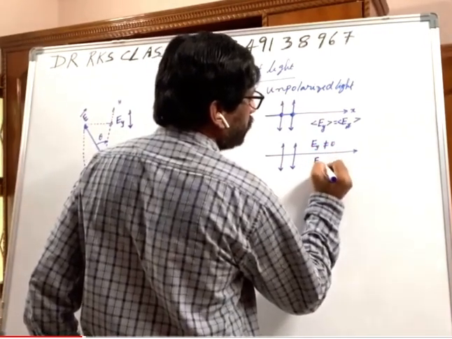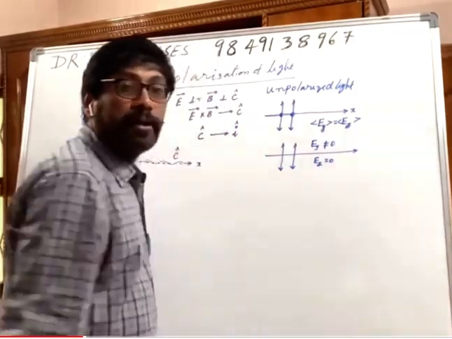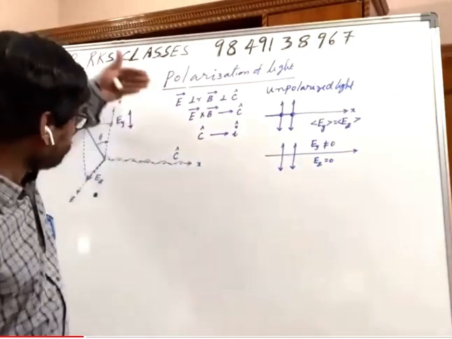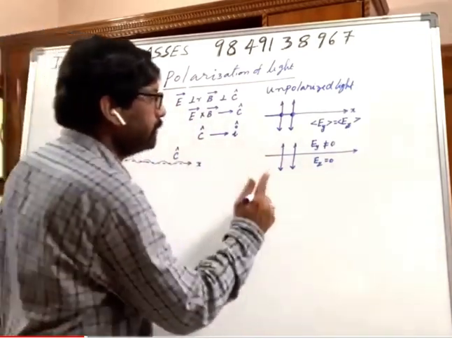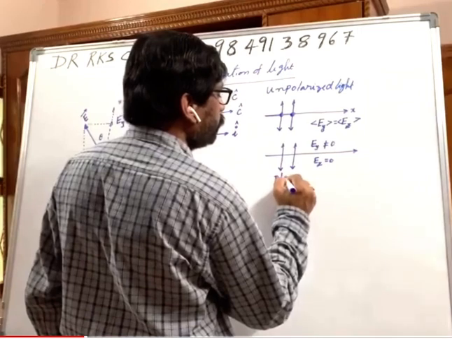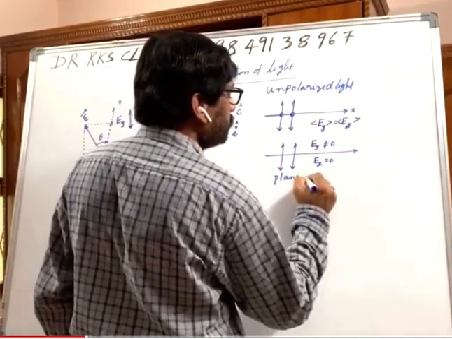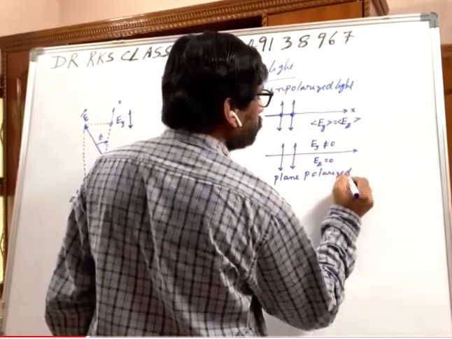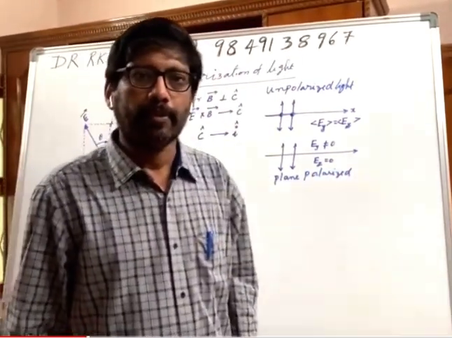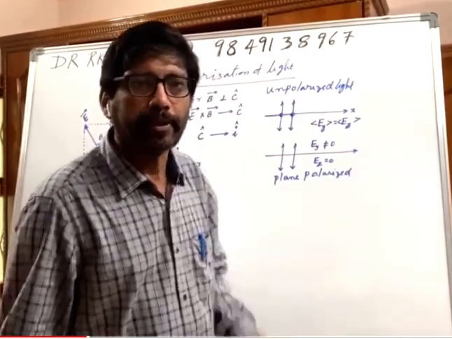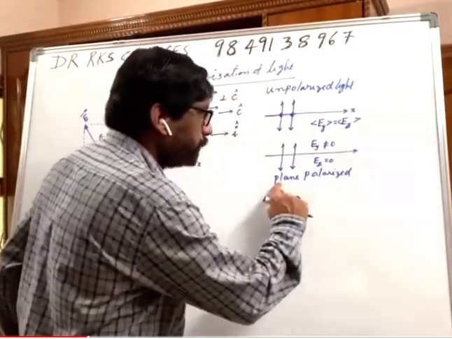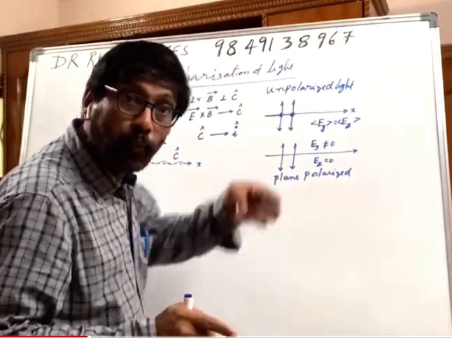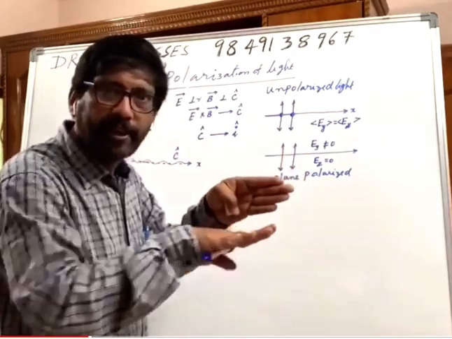The average z component is 0. It is called linearly polarized or plane polarized, because the vibrations are confined only to the xy plane. Plane polarized, where the vibrations are in xy plane. There are no vibrations in xz plane.